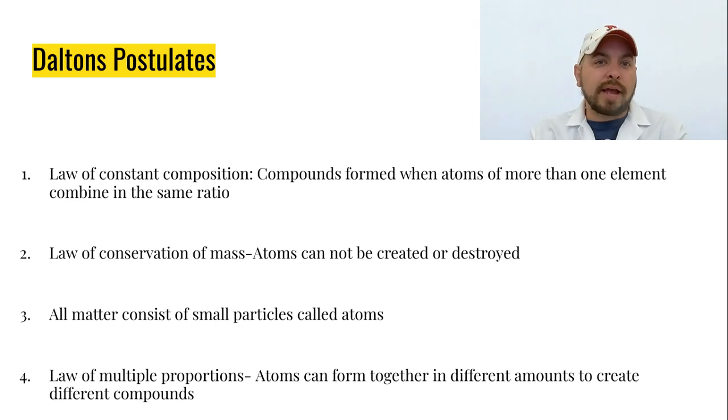Dalton theorized that everything was made of atoms. He theorized that all things that were made of atoms, those atoms could be rearranged into different components and different groups. So we have the law of constant composition, but then we also have the law of multiple proportions, which is that you can have the same 2 elements comprised only in a compound, and all of that will change.